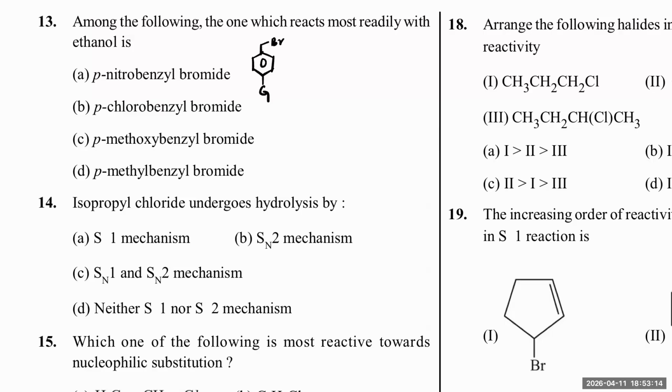G is NO2, G is chlorine, G is methoxy, G is only methyl. Because ethanol is a weak nucleophile, this reaction is most favorable via SN1. So for SN1, stable carbocation is what you would look at. So OMe, methyl, chloride, and NO2. This should be the order. So the best one is C.